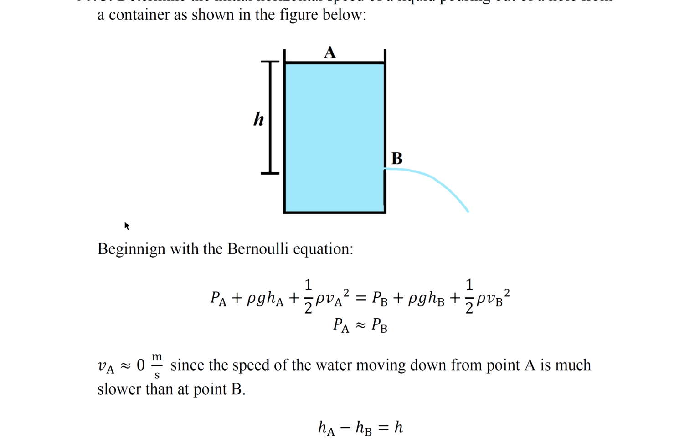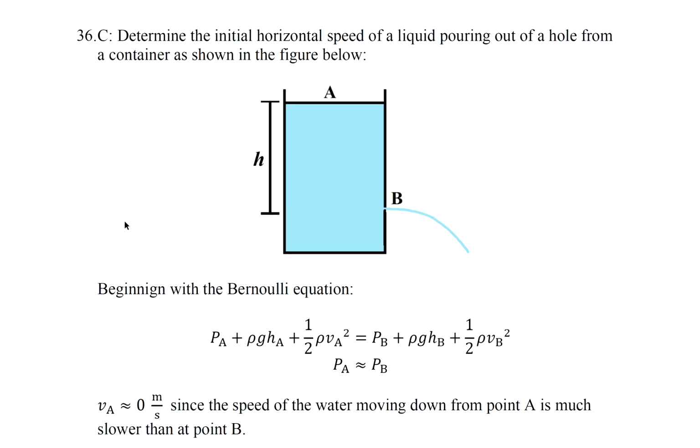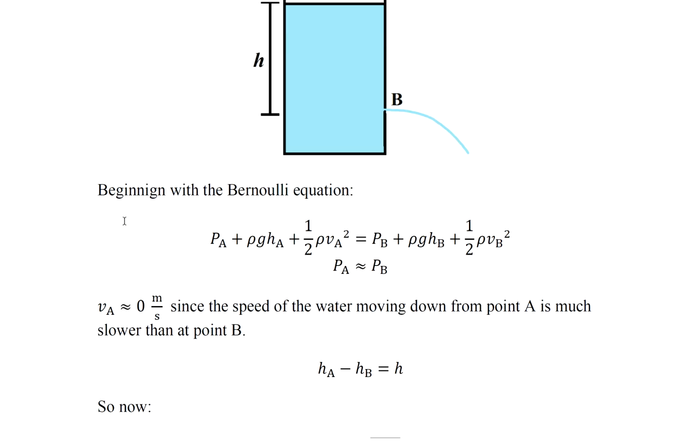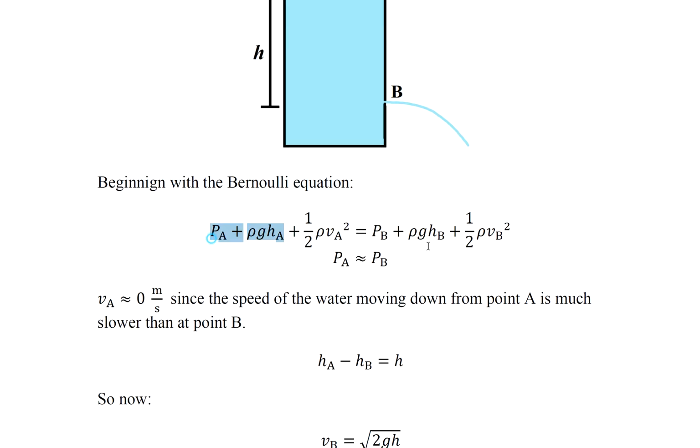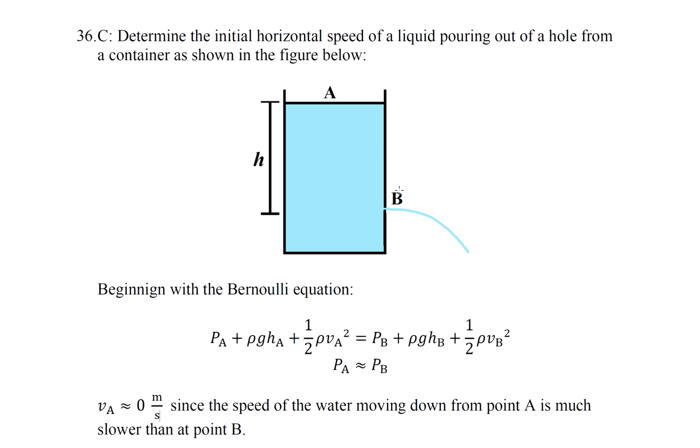So beginning with the Bernoulli equation, we have this. We're going to say the pressure at A is equal to the pressure at B almost, because these are both pressures from the air.